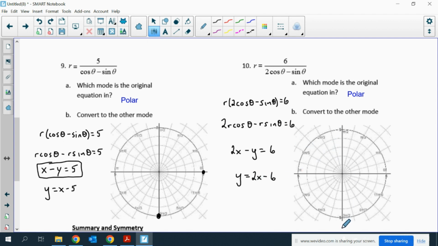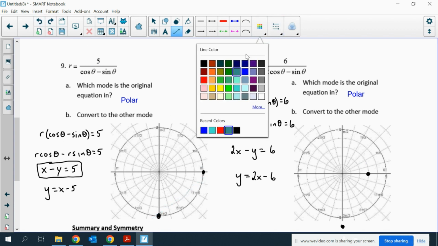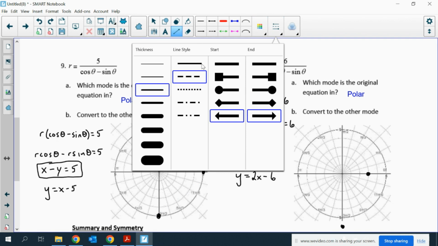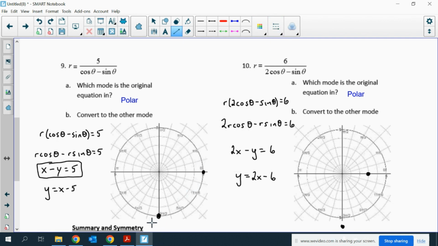So that's actually going to be a little bit off the graph here. But I end up with these lines. I forgot to change it back to red. My fault. So we have these lines here.